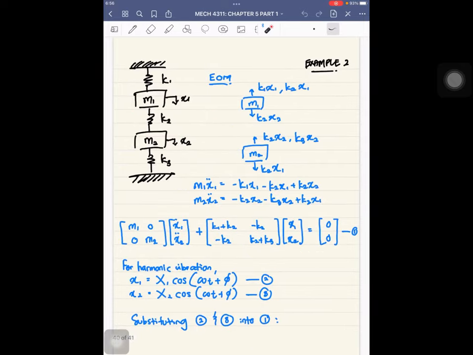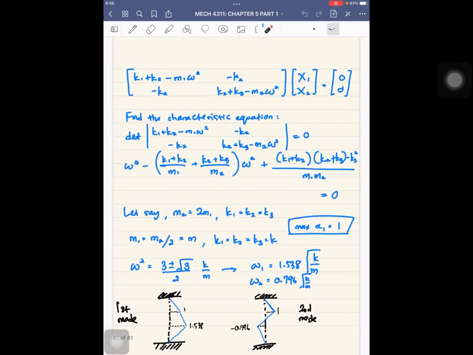So remember, x1 is where? X1 is over at the top. Okay. Now, since we have this assumption, we can say m1 is equal to half of m2, right? Which is equal to m. So we take one variable over here, and k1, k2, k3 is equal to k. So we make everything simple.